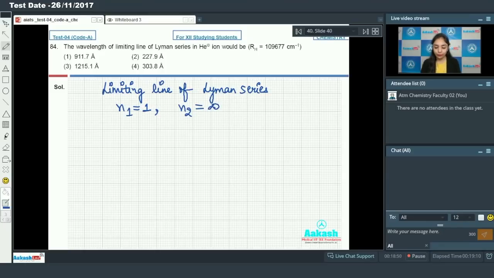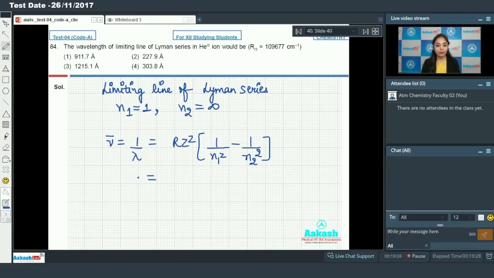Now apply the Rydberg formula here. The wave number, which is 1 by lambda, is equal to R z square times 1 by n1 square minus 1 by n2 square.